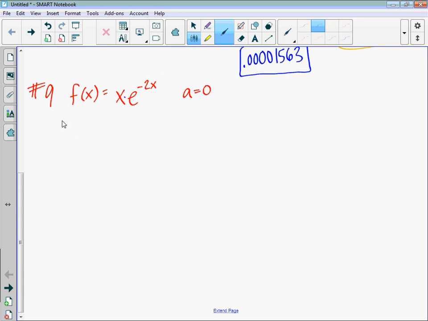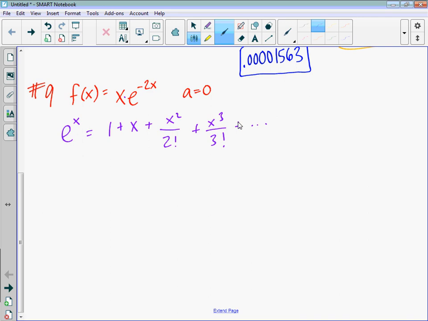That's fine too. What I would do instead to come up with your Taylor polynomial is start with the Taylor polynomial for e to the x, kind of like that quiz question, you know? So if you start with e to the x, it's 1 plus x, plus x squared over 2 factorial, plus x cubed over 3 factorial, and so on.